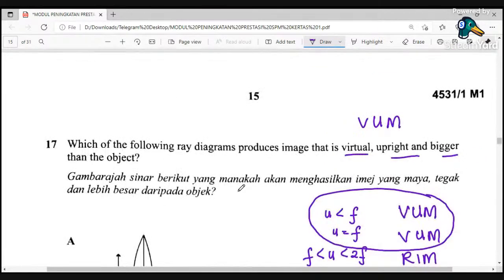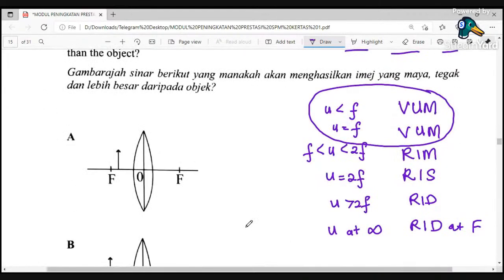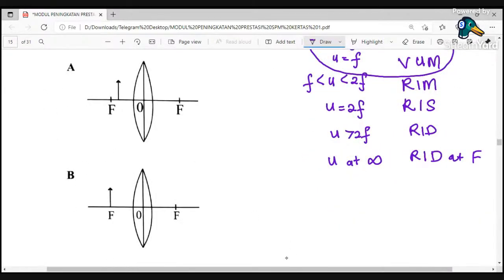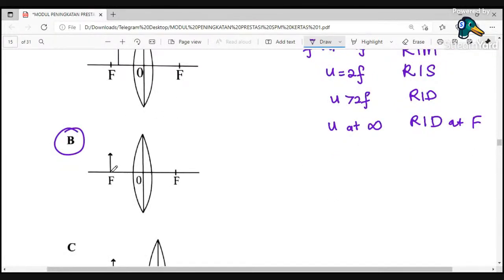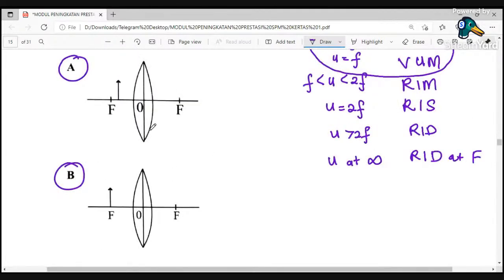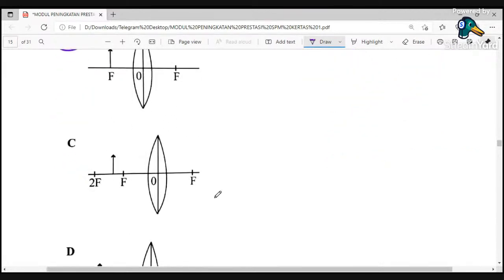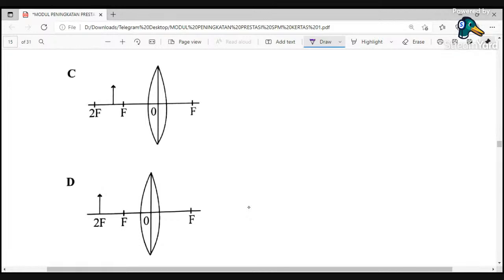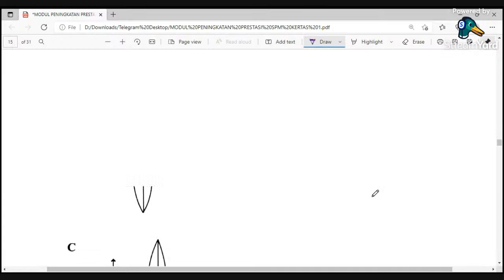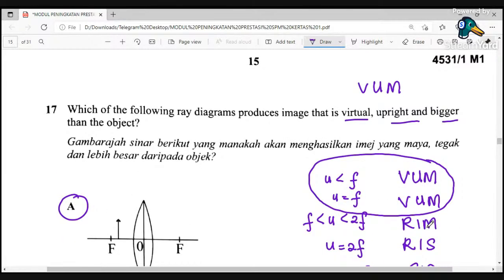Kalau ikut soalan, virtual upright bigger. Sama ada A ataupun B, both can be accepted. Dua jawapan. Kecuali ada perubahan pada soalan, maybe they all make correction. So for this case, there are two answers because based on the answer choices, you can see A and B are correct. Okay, betul dua-dua ni. Ini F between to F ini you akan dapat dia adalah yang ni tadi. Okay, real inverted magnified.